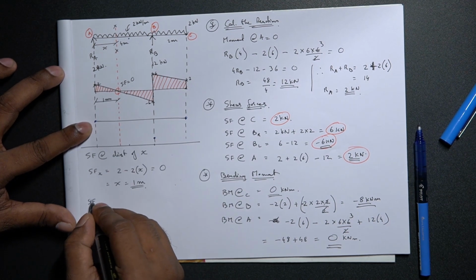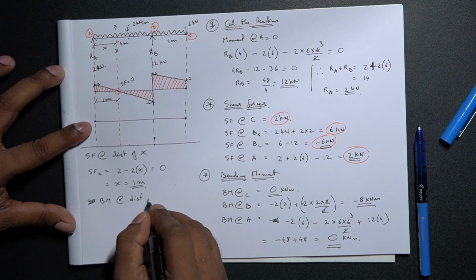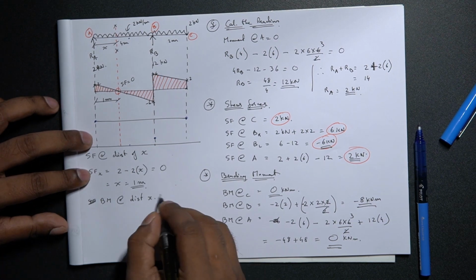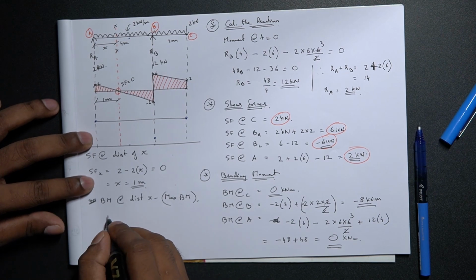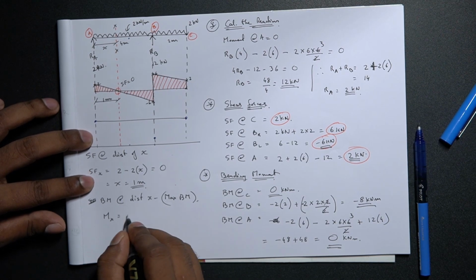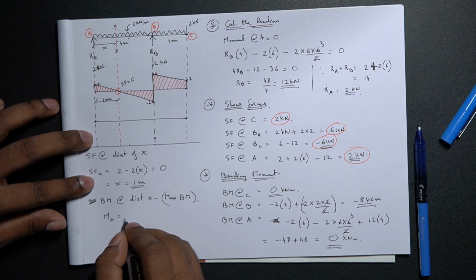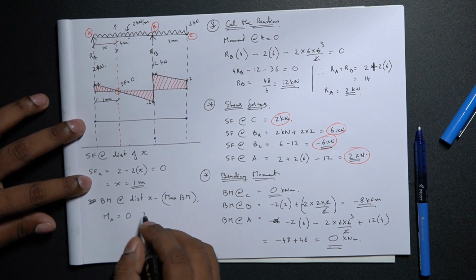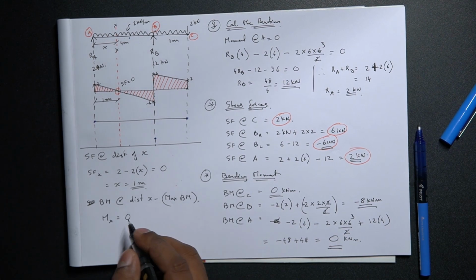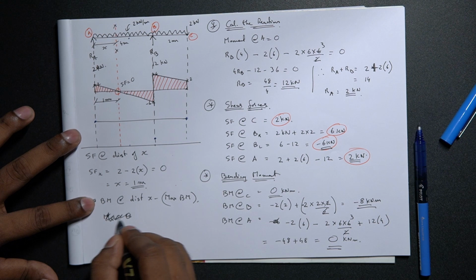So bending moment at distance x, which is nothing but the maximum bending moment, is equal to, x is equal to 0, this is calculating the point of contraflexure.